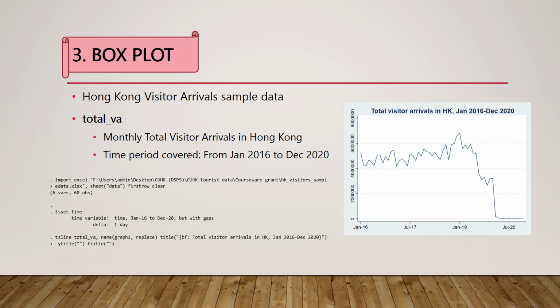And then in order to plot the line plot on the right, we can type the command tsline, which stands for time series line, and then our variable of interest, which is total VA, and then a comma. After the comma, we can set some graph aesthetics to make the graph look nicer and more informative, such as adding a title or hiding some of the title.